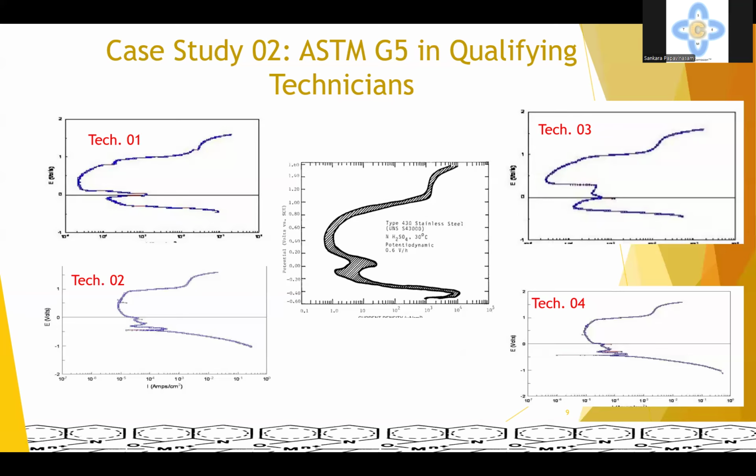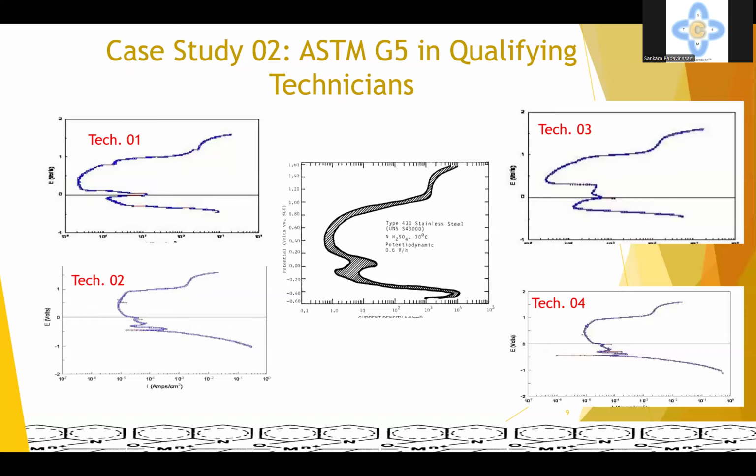Basically, these 2 technicians did not take care of the apparatus properly. The connection was not made properly. The solution was not prepared properly, and deoxygenation was not taken care of properly.